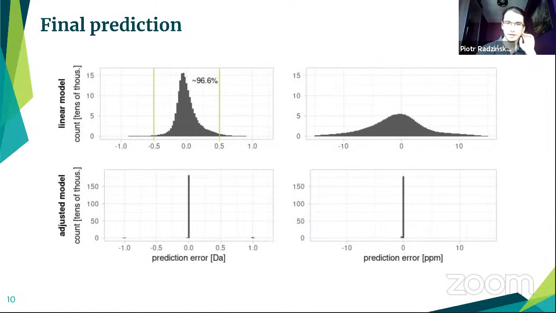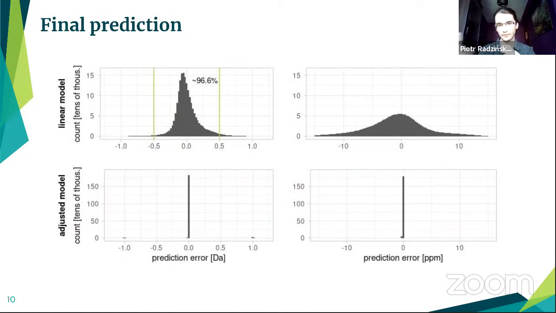And we can take a look at how it works. On the top line, there are two pictures, error in Daltons and in parts per million, which show how the initial prediction error is distributed.